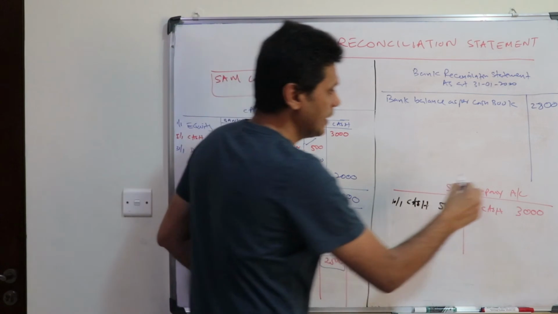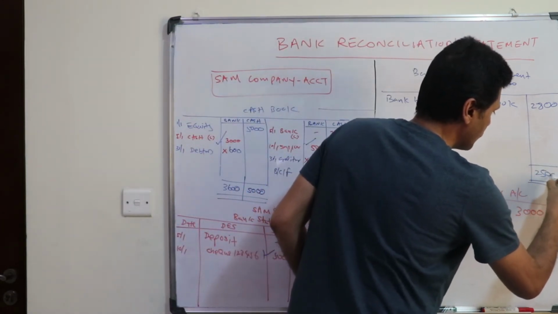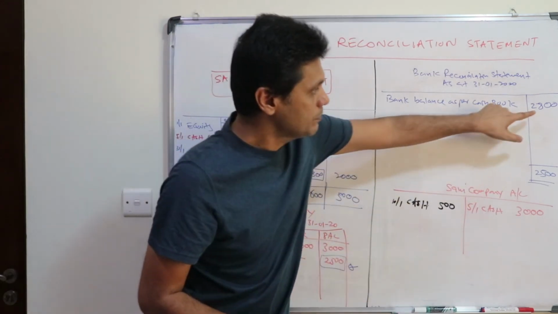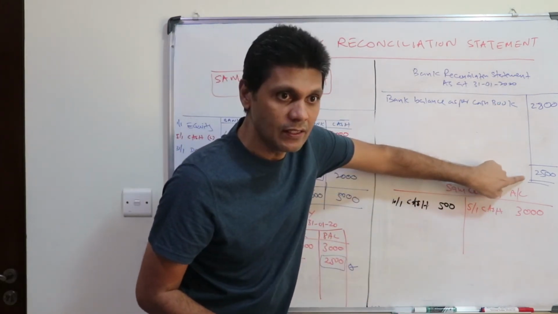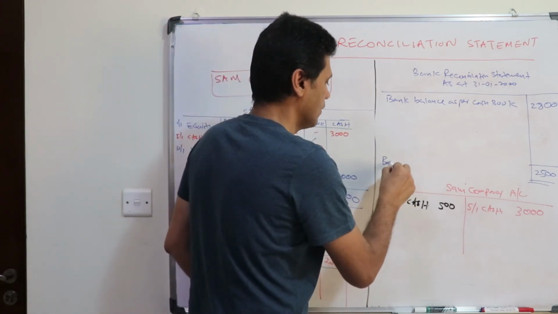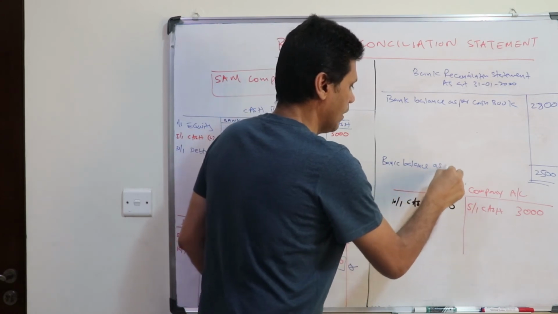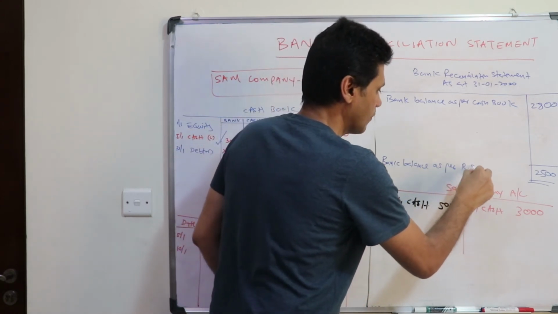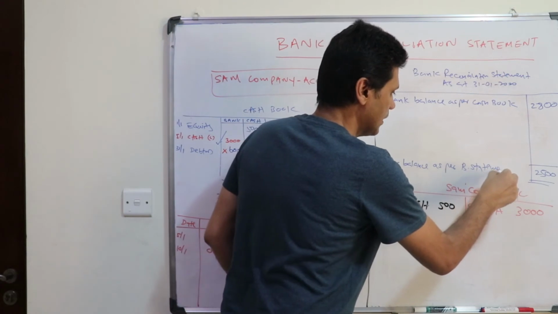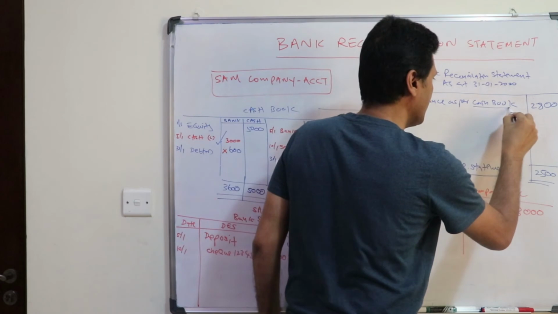Okay. So what is the end result? End result should be 2,500. From this balance, you should arrive at 2,500. This is as per bank statement, this is as per cash book.